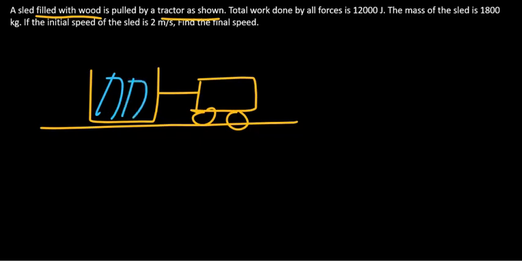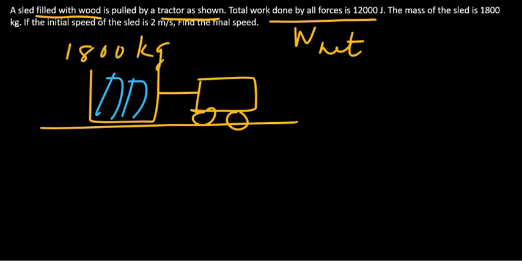The total work done by all forces is 12,000 joules. So we are dealing with the net work here, and net work is 12,000 joules. The mass of the sled is 1,800 kilograms. The initial speed is 2 meters per second. What is the final speed?